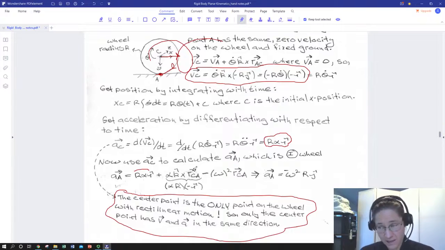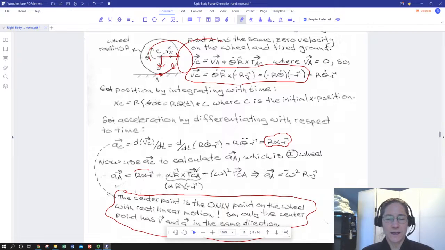So our CA is going to be in the positive j hat this time because we're going down. We've designated downward as positive j hat. Okay, so CA is positive j hat. So we've got, again, K is positive going into the board or into the screen by the right hand rule.